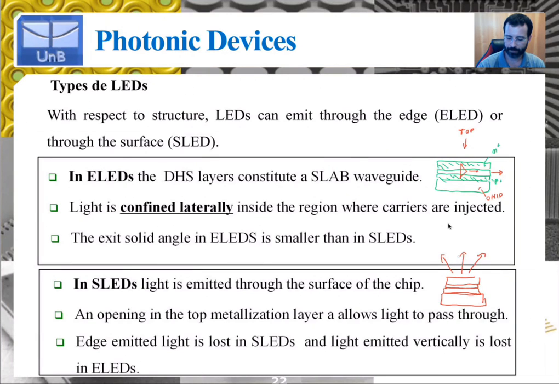Because there's no waveguide involved, this light has a much broader solid angle than in ELEDs. An opening in the top metallization layer is what allows the light to pass through. So you need metal contacts here, and there should be an opening in order for light to come out. From what we've said, it should be clear that edge emitted light is lost in surface light emitting diodes, and the vertically emitted light is lost in edge light emitting diodes.